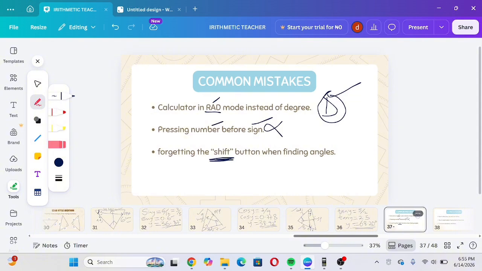Then you have to use the trigonometric sign first before you input the number. So if you're having cos 60, don't write 60 before cos. Then finally, do not forget to use shift when you are finding the angles. You must click on shift first before you input the trigonometric sign and the values.